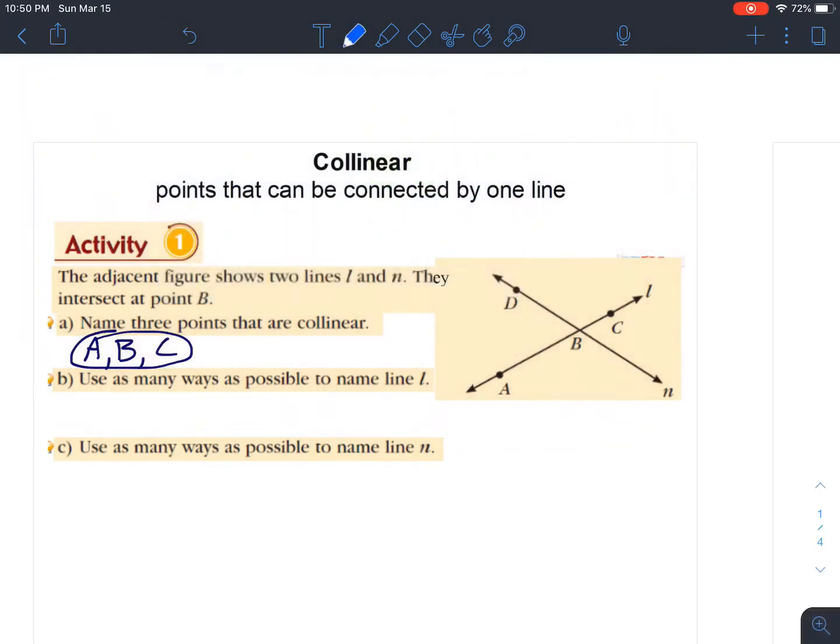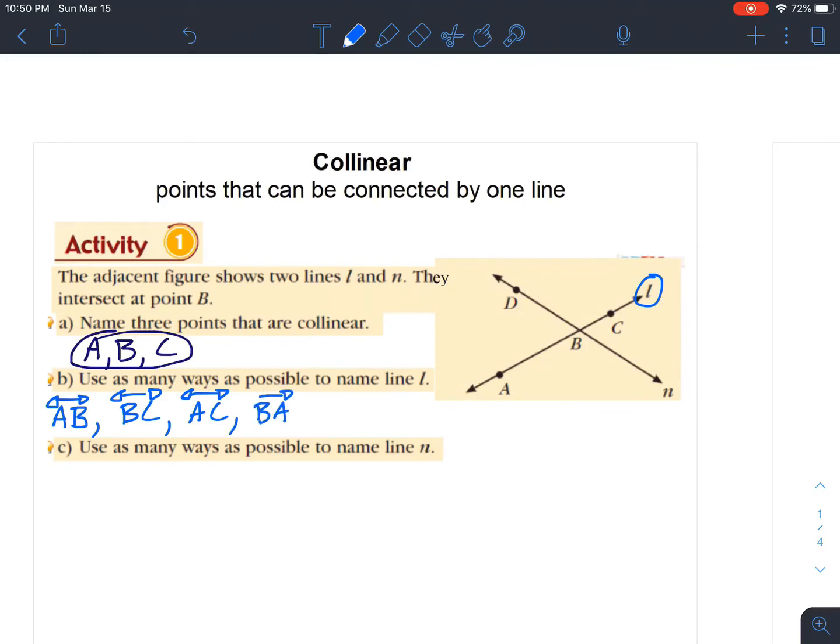Okay, for part B, we want to know all the different ways that we could name line L. So this, again, any combination of 2 letters that are on line L would work. So we could say AB, we could say BC, we could say AC, and we could reverse all of those as well.